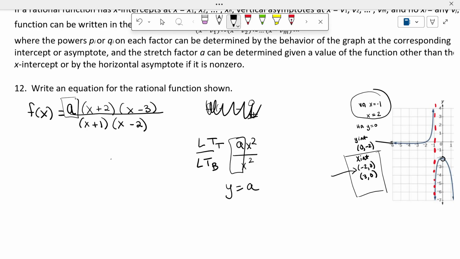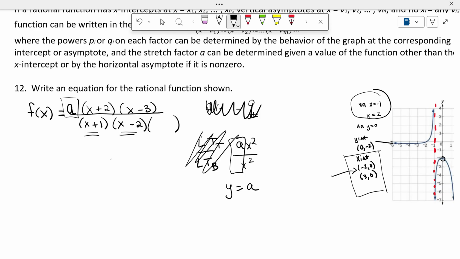The only other way to get a horizontal asymptote of 0 is to have a larger degree on the bottom. So that means there is one more quantity on the bottom that I don't have represented yet. But I don't have any other vertical asymptotes either. So that means one of these is repeated.